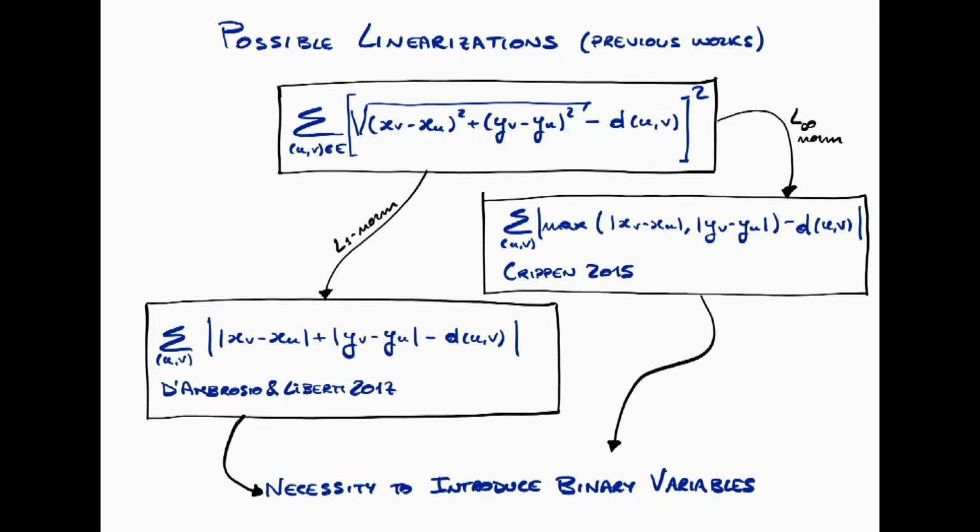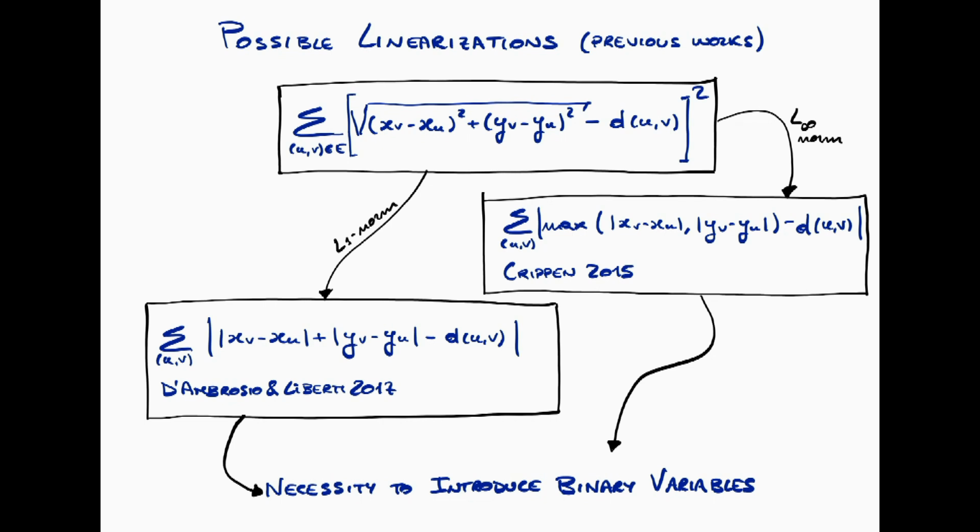Okay, now, so I was mentioning we have this nice penalty function to minimize. One of the tricks to solve this problem, distance geometry in general, is to change the distance metric and try to use alternative distance matrices like the L1 or the L infinity norm. These attempts have already been done in the literature.